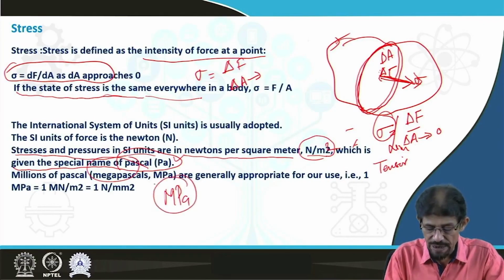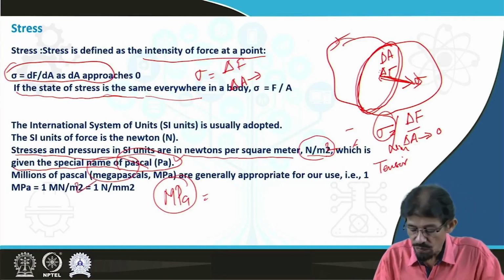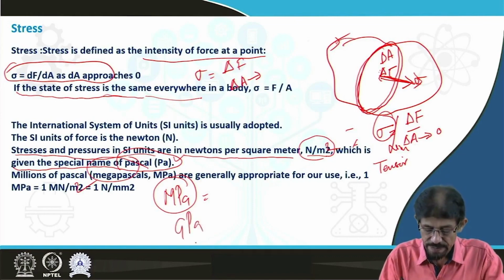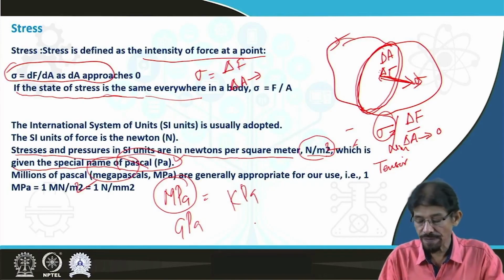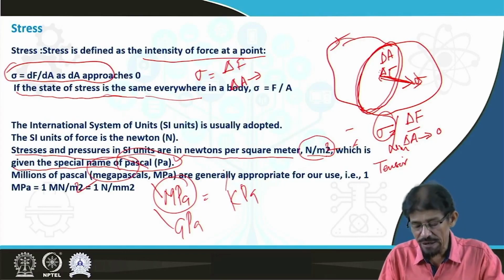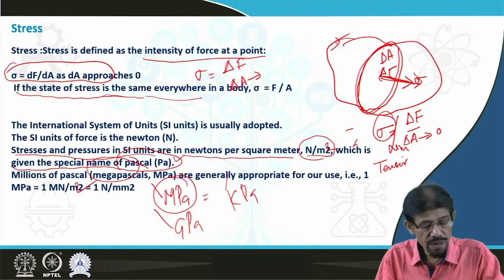This megapascal is a mega Newton per meter square, and gigapascal, kilopascal for soil and others. So these mega, giga, tera, kilo, these are as usual as we are going to utilize for other units also.